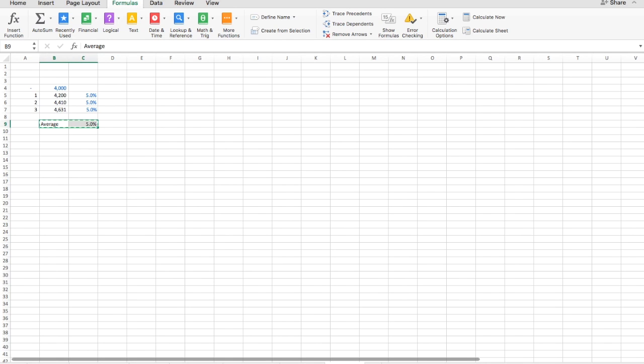But then what is the CAGR, the compound annual growth rate? That is the ending year divided by the starting year to the power of 1 divided by the number of years, so 1 by 3, minus 1. So this is what you make every year. In this case, it was also 5%.